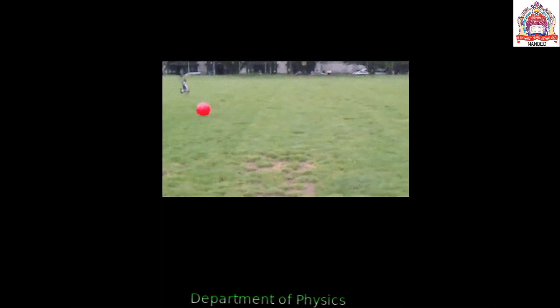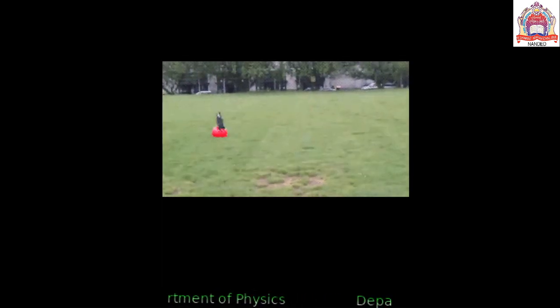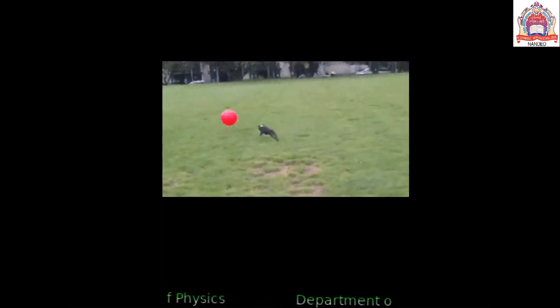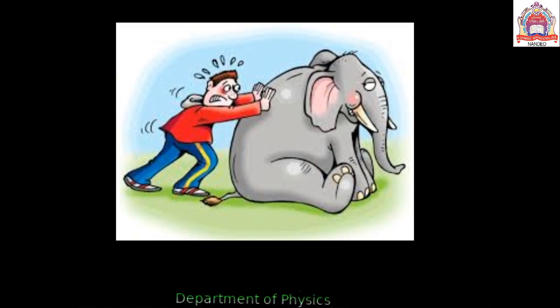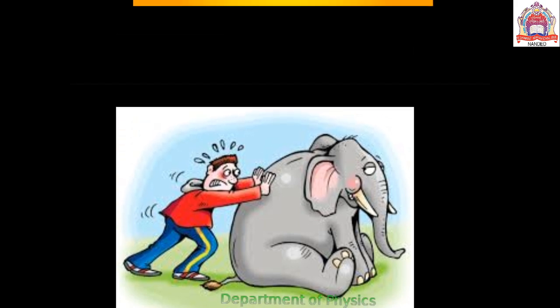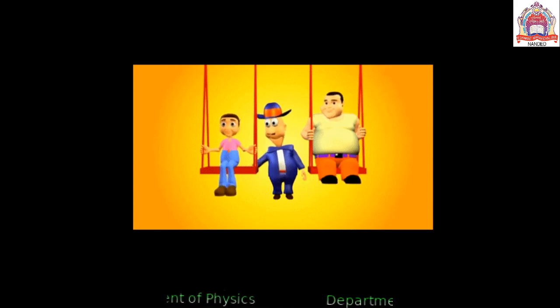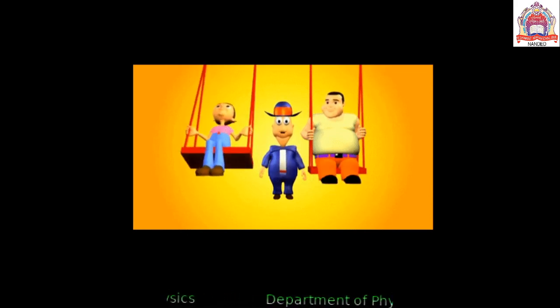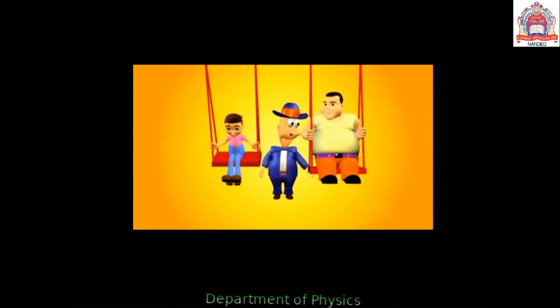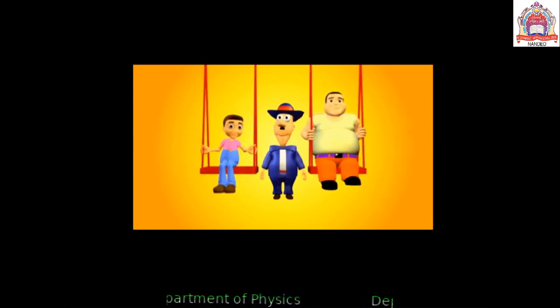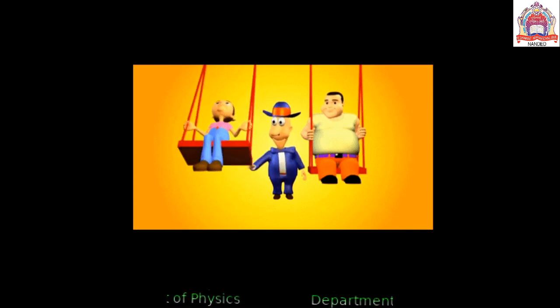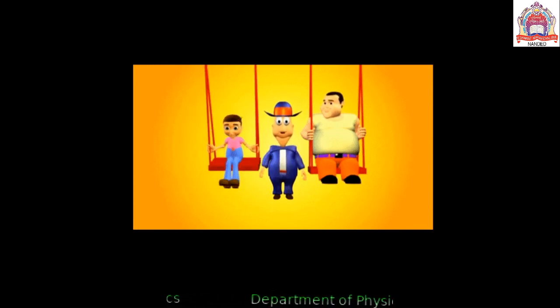Just observe carefully. The man is pushing the elephant. Freely swing. When he pushes the other object, then they stop. Just observe and think about it.